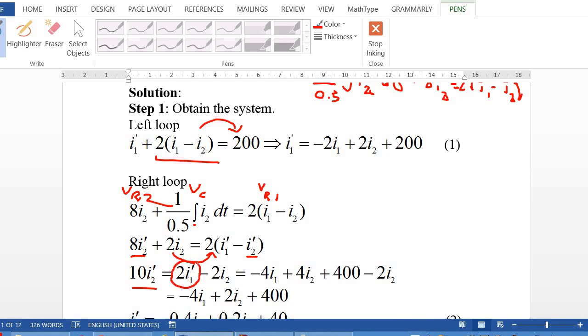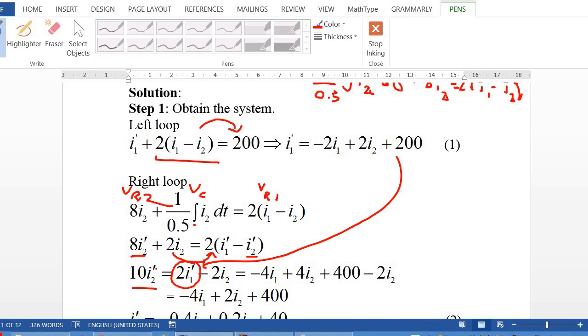Remember the second equation, what we want is actually only di2/dt equal to some amount of I1 plus some amount of I2, or maybe some other terms, either constants, exponential terms or trigonometric terms. So the term I1 prime, we have to eliminate by substituting equation 1 here, where I1 prime is minus 2 I1 plus 2 I2.